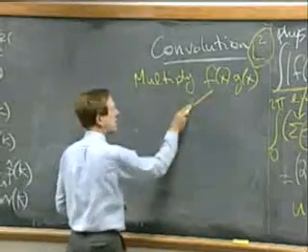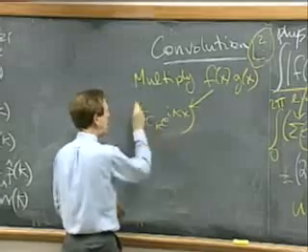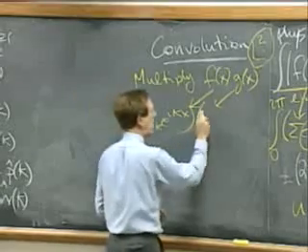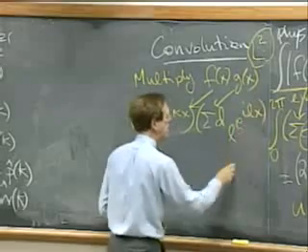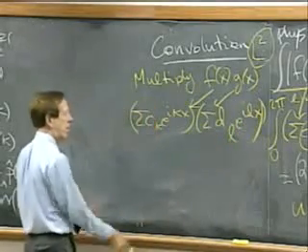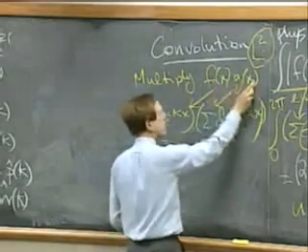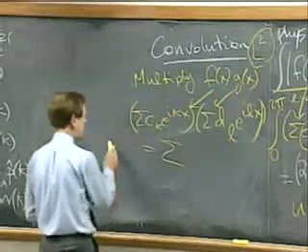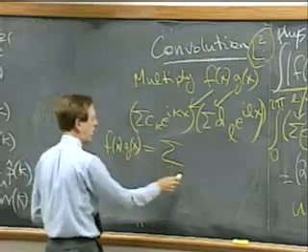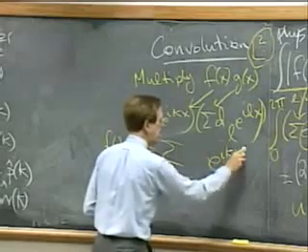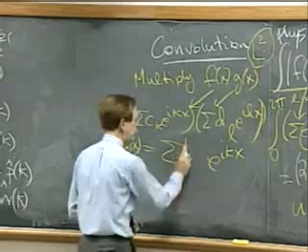Suppose f of x is the sum of ck e to the ikx, and g of x is the sum of dl, let me say, e to the ilx. Tell me, what are the Fourier coefficients of the product f of x, g of x? It has some Fourier coefficients. I don't know what to call them. hk maybe?